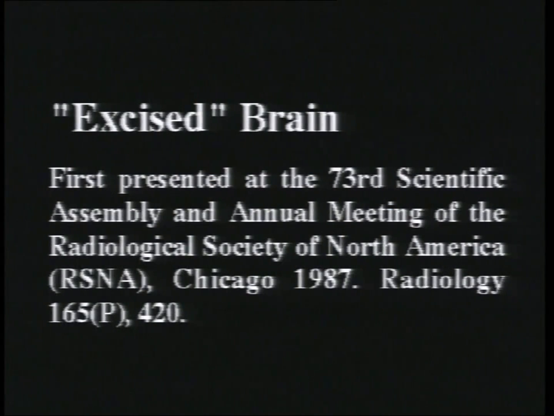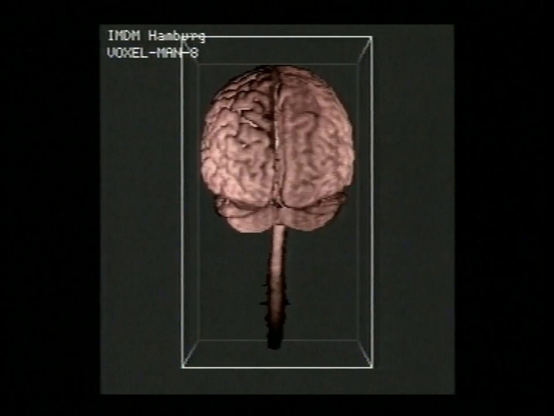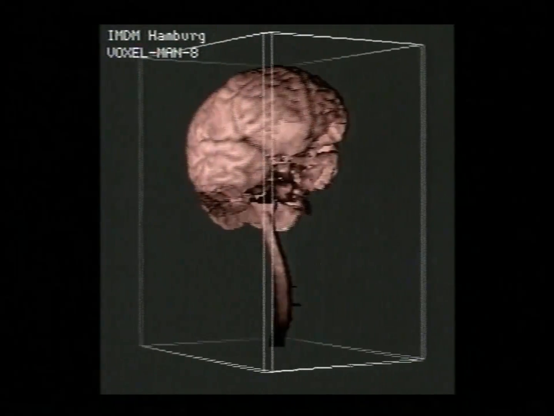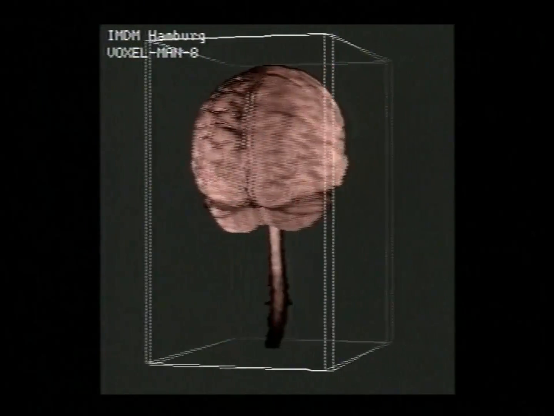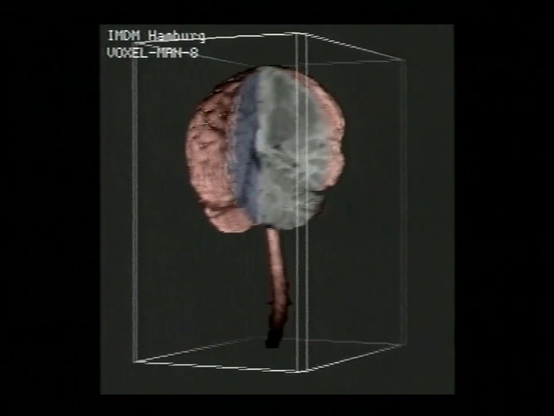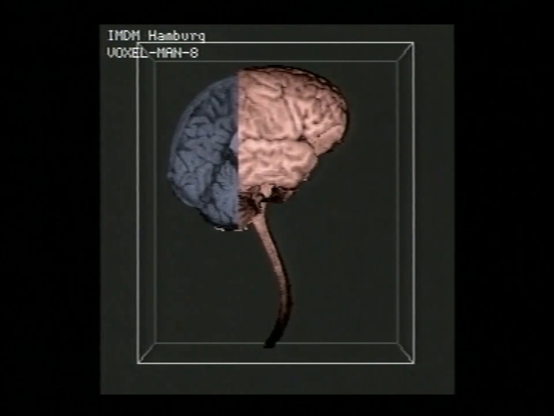The next scene, generated in 1987, shows the first brain ever reconstructed from a living person. It was a patient with a brain tumor whose brain could be inspected by rotation and cutting.